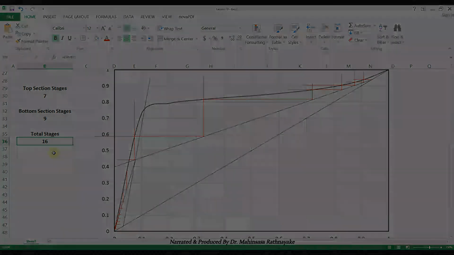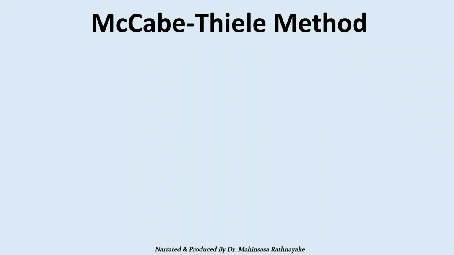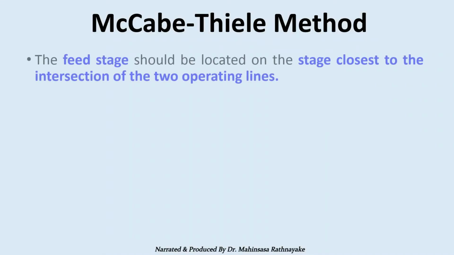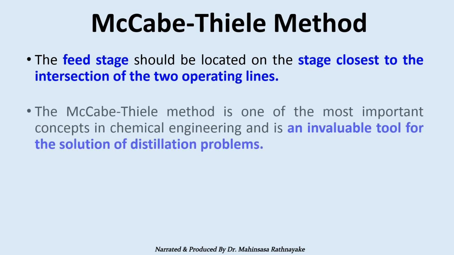As the final remarks, please note that when you use the McCabe Thiele method to determine the number of stages, the feed stage should be located on the stage closest to the intersection of the two operating lines. The McCabe Thiele method is one of the most important concepts in chemical engineering and is an invaluable tool for the solution of distillation problems.